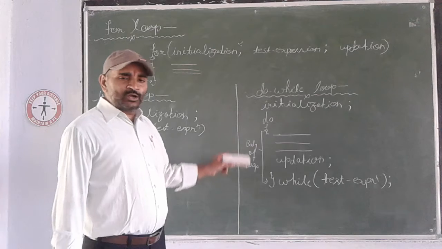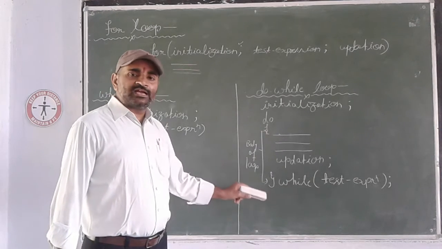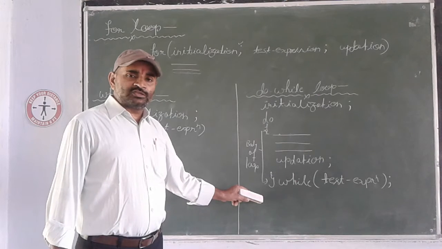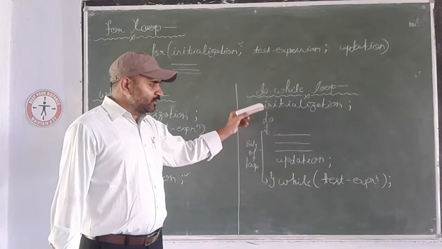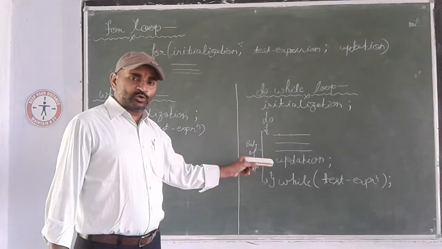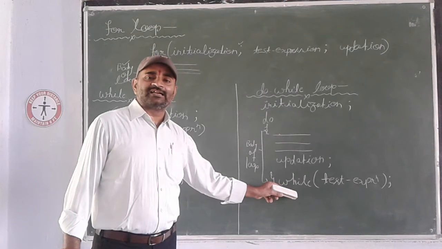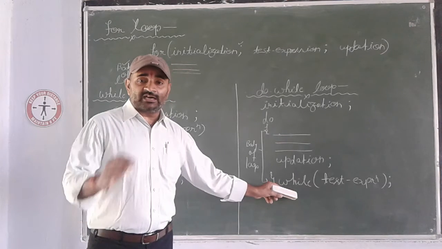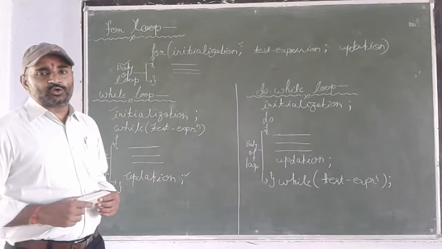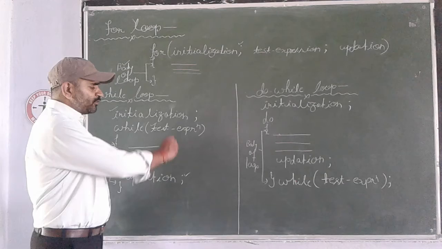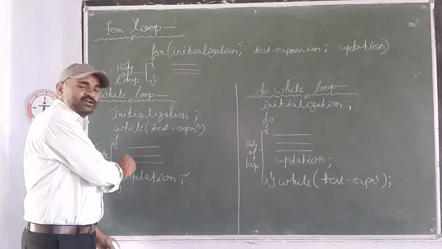In the case of the do while loop, you can see there is no condition given before the body of the loop. So there is no constraint, no check. Control will move into the block of the body of the loop, and at last it will test the condition. One conclusion is, in an entry controlled loop, if the condition is initially false, then control will not enter the body of the loop.